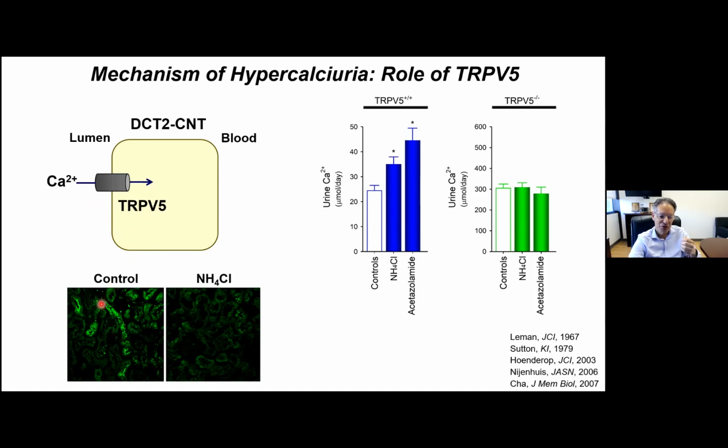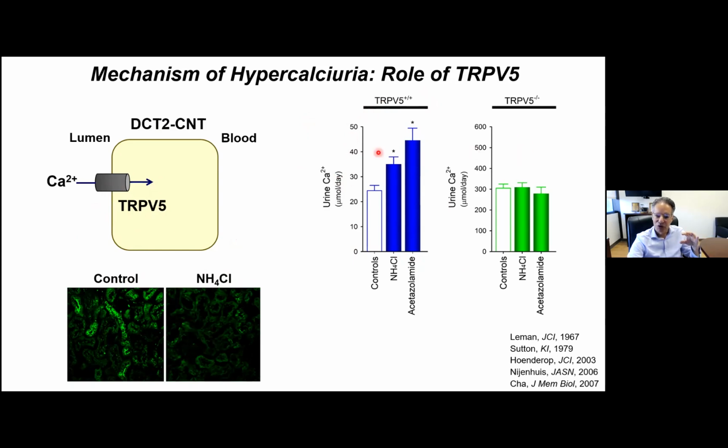So here's an animal showing the normal expression. If you acidify the animal with ammonium chloride, you decrease the expression of this protein. So not only is its transport pH dependent, the amount of protein in the cell is also pH dependent.